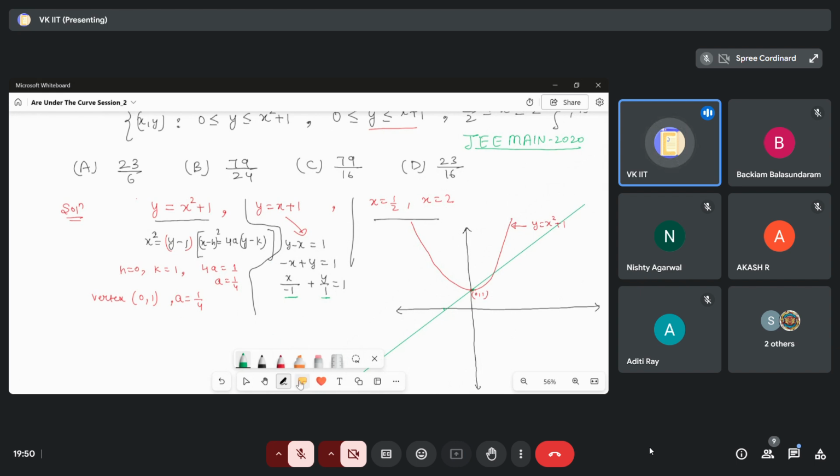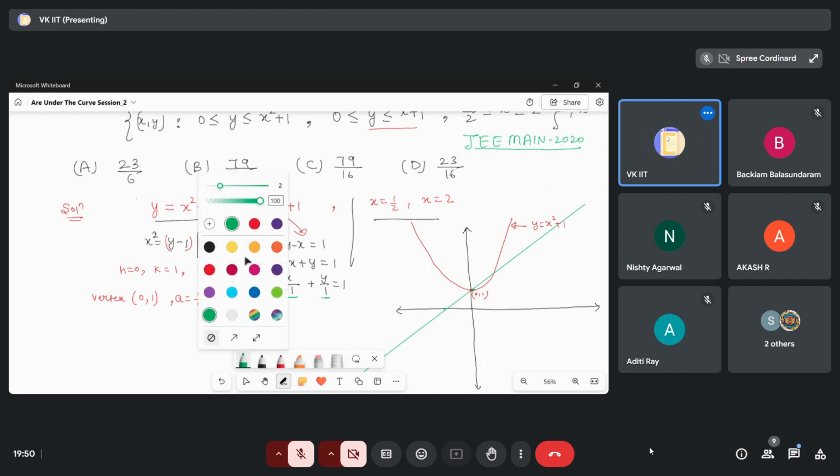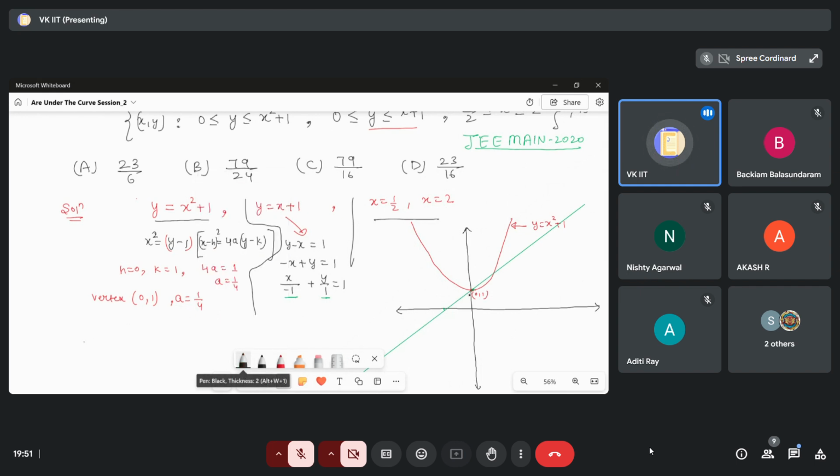Okay, this is the line you'll be getting. So what is the required region?